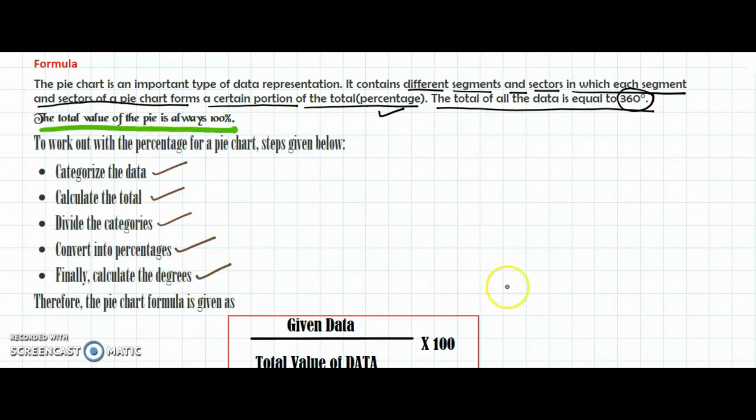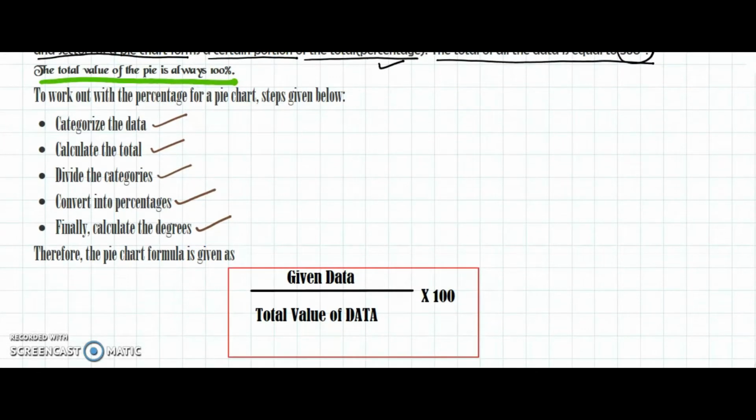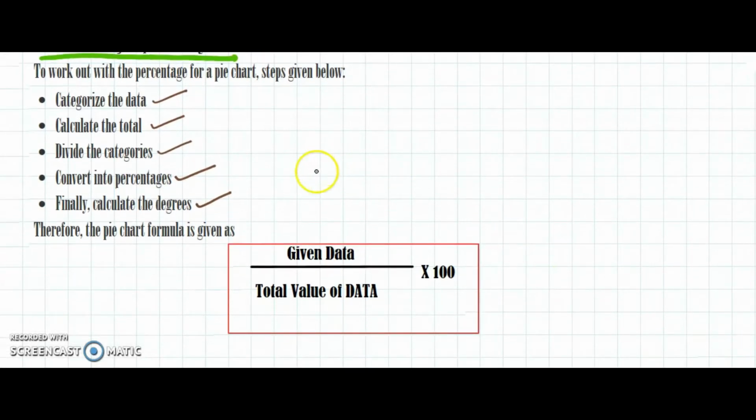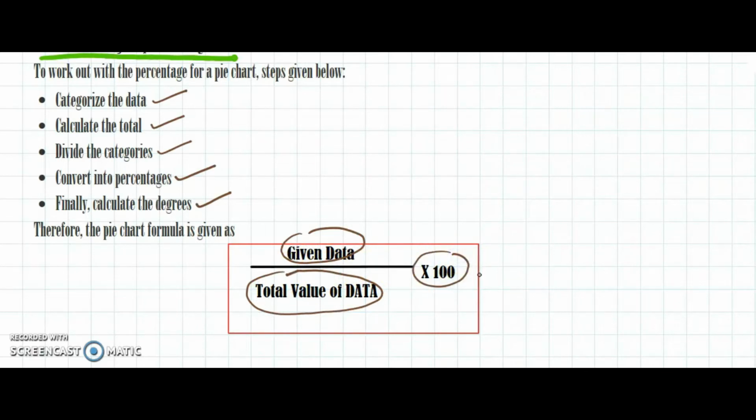By using those degrees we can construct a pie chart or pie graph. The formula is: the given data divided by the total value of that data, multiplied by 100, by which we can calculate its degrees.